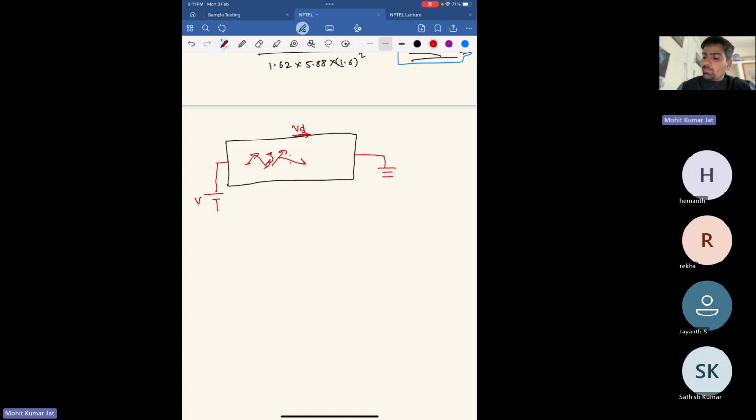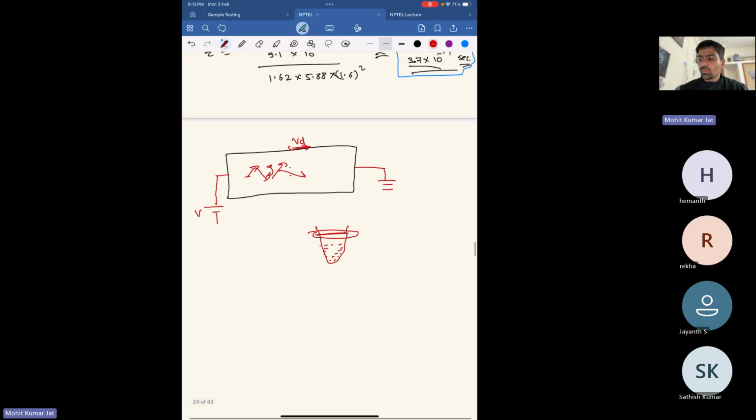This tells me that all the electrons in the band start moving. But I know that's not the case. The contribution only comes from the electrons which are near the Fermi energy. If my band is filled till this point, the contribution comes only from these electrons, not from the filled electrons below. The contribution comes only near the Fermi energy.